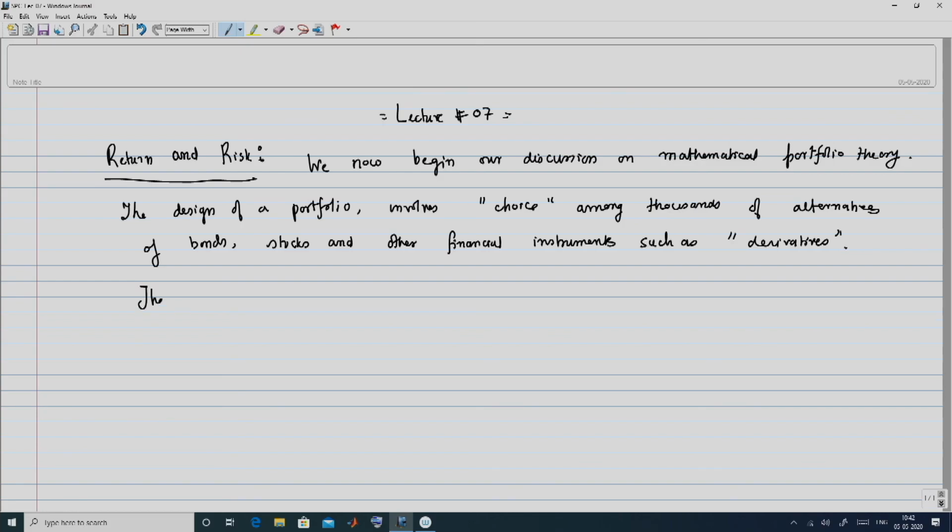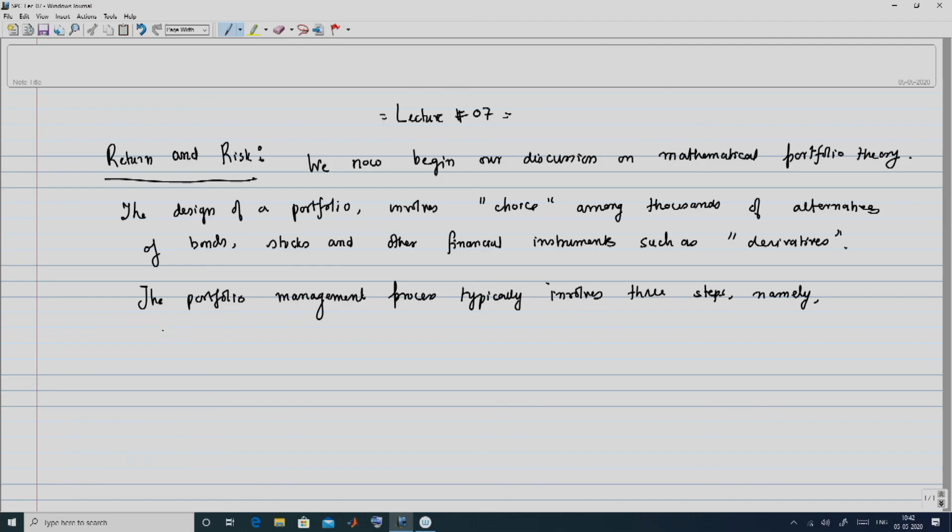Now, the portfolio management process typically involves 3 steps, and I will briefly describe these 3 steps.